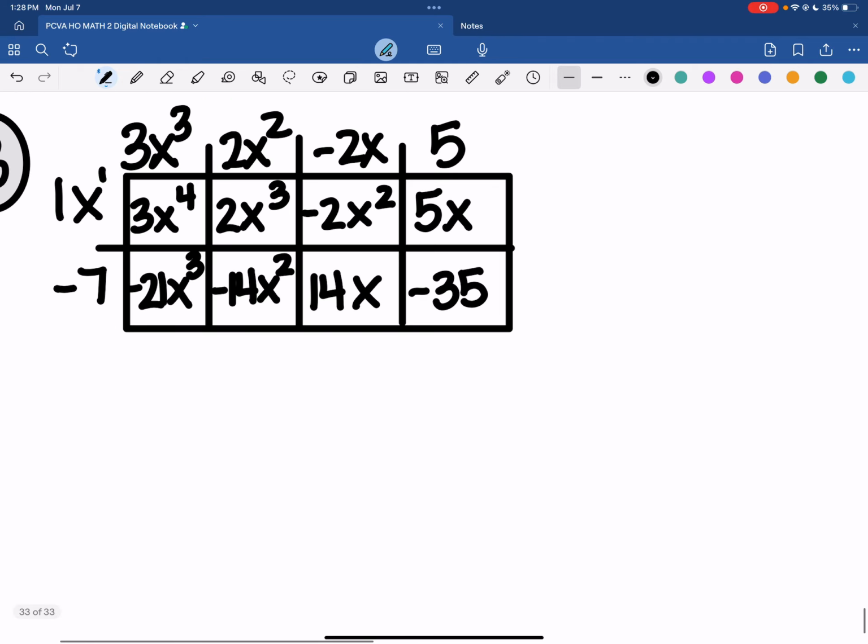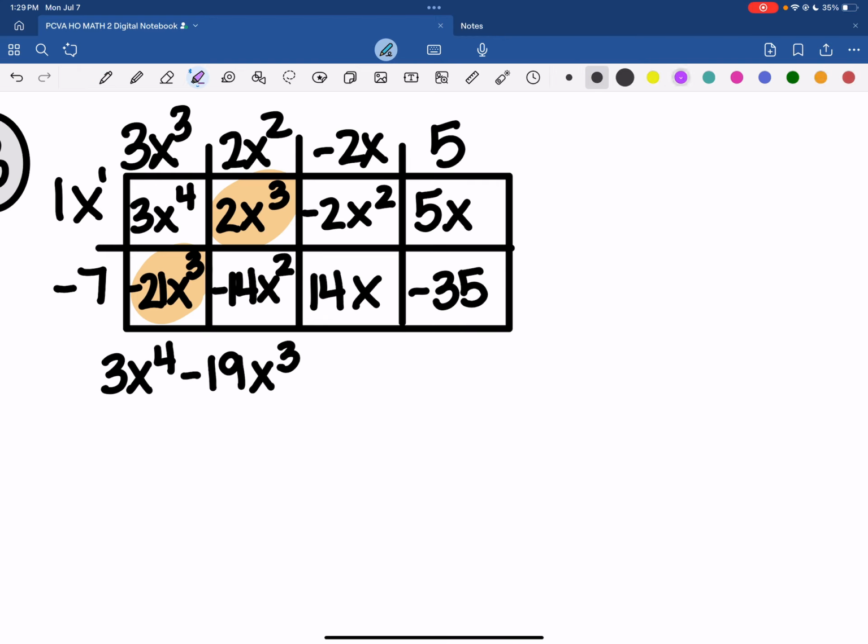Now at this point, I'm going to look for anything that's like terms that I can combine together. So the x to the 4th, there's nothing there, so we're just going to bring that down. But then I have x cubed, so we're going to combine those together. So that's going to become -19x cubed. You don't add the exponents, you're just combining them like when we were adding or subtracting.